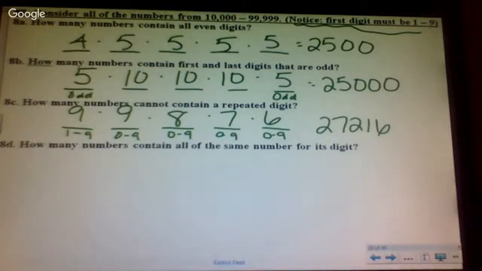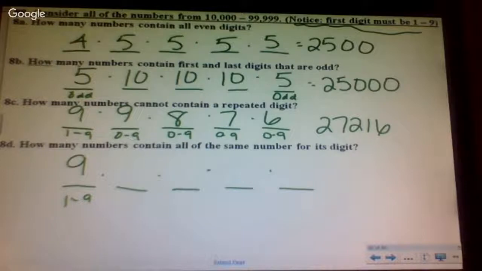$27,216. The last one. How many numbers contain all of the same number for its digit? Okay. So again, my first number can be anything from 1 through 9. So I have 9 options. I want every other number to match this one.